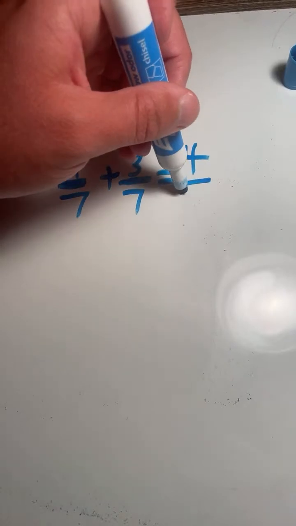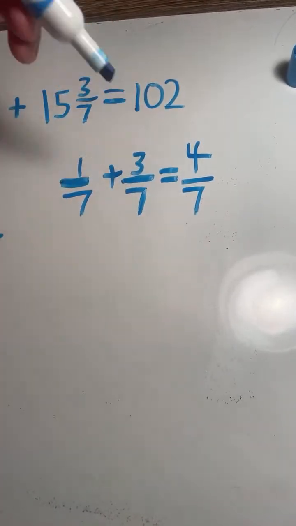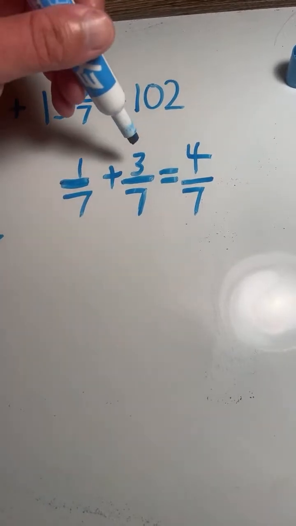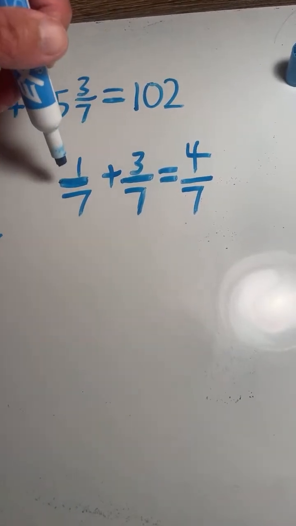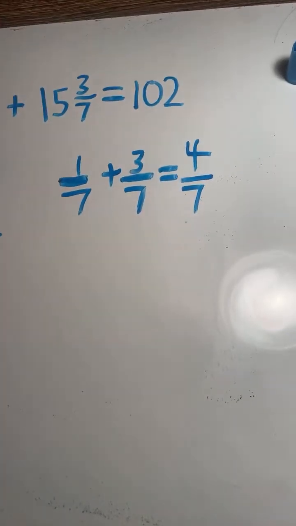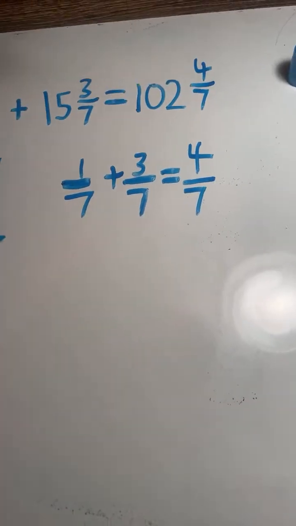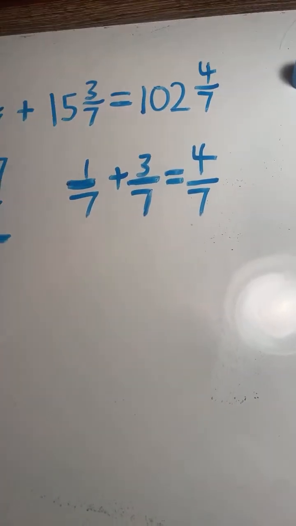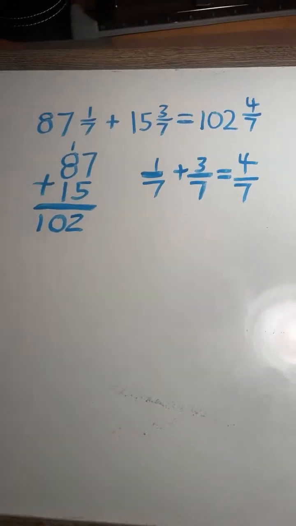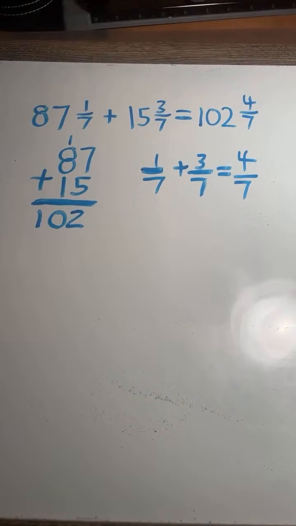Our denominator stays the same. So 1/7 plus 3/7 equals 4/7. So we have our final answer. 87 and 1/7 plus 15 and 3/7 equals 102 and 4/7.